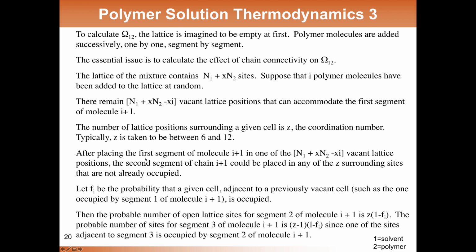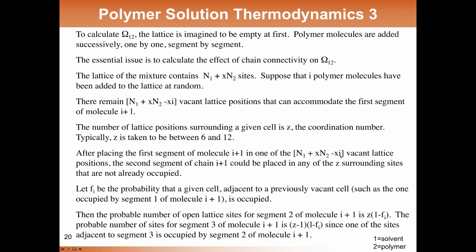And so after we place the first segment of molecule i+1 into one of the open lattice positions, the second segment of that chain can only be placed in one of the Z surrounding sites that are not already occupied.